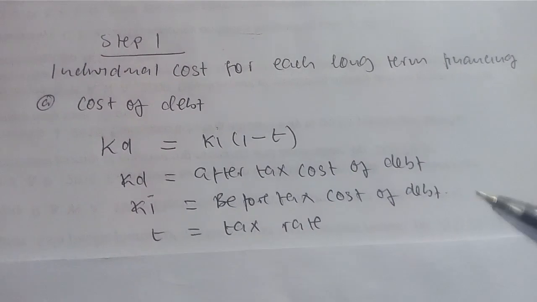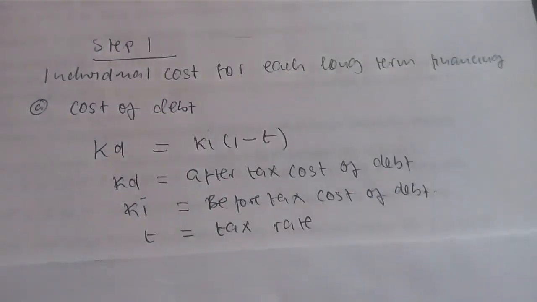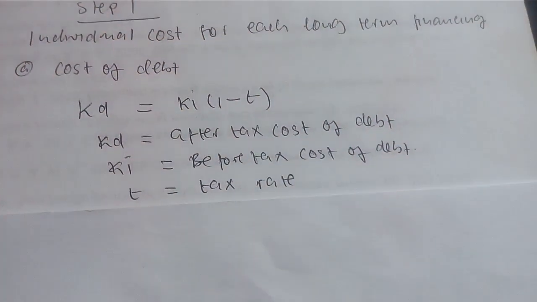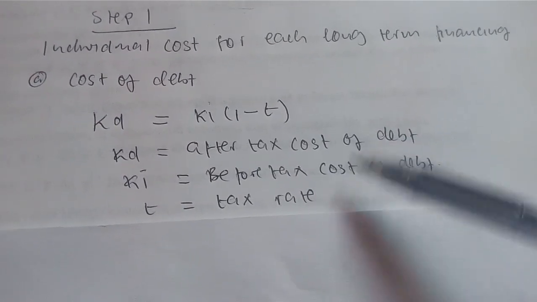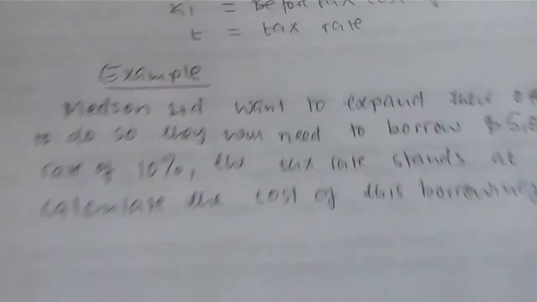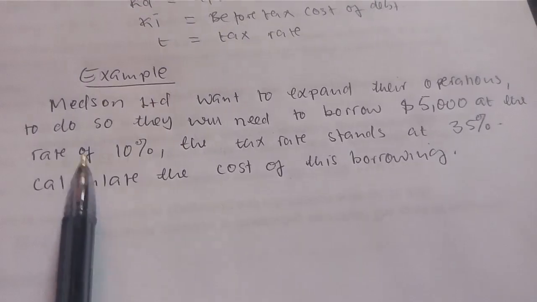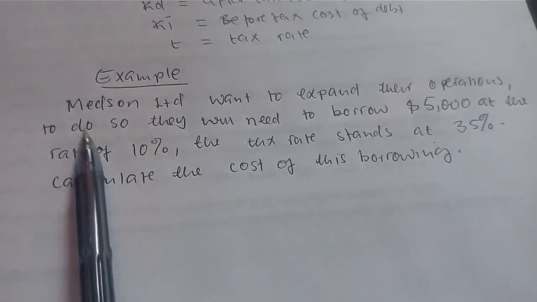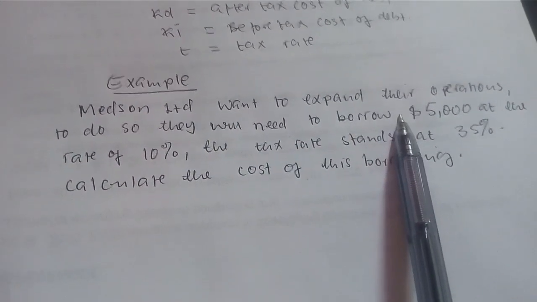Having mentioned the formula and all the components involved, we can now look at an example and how we use this formula to find the after-tax cost of debt. In this example we have this scenario: Medson Limited want to expand their operations.